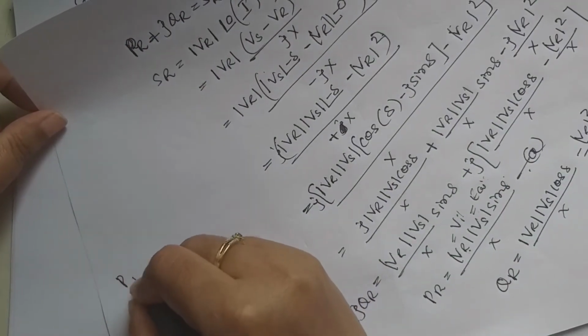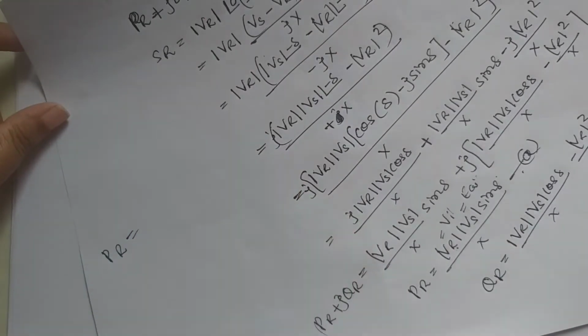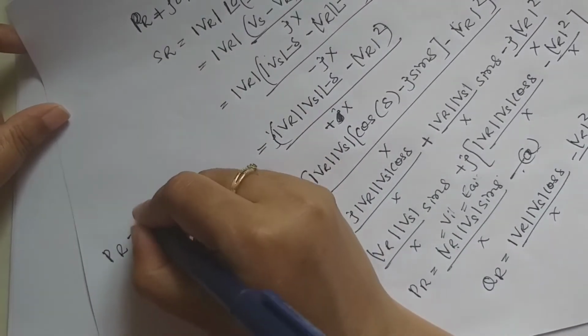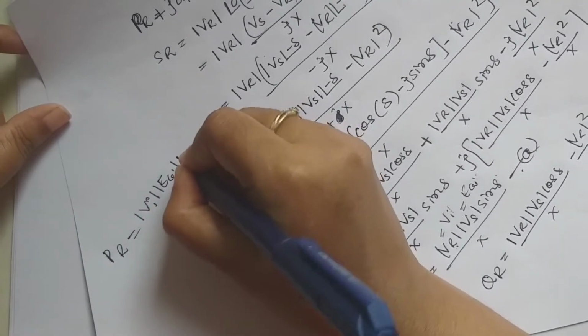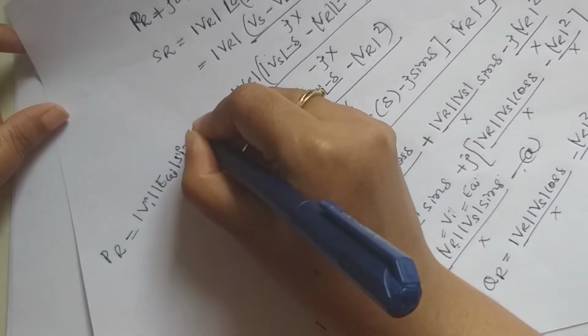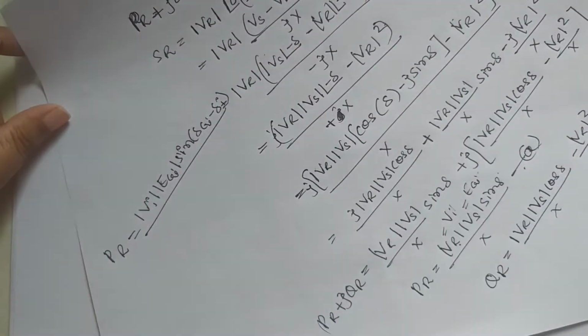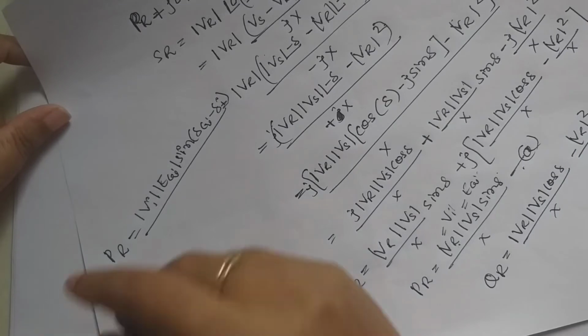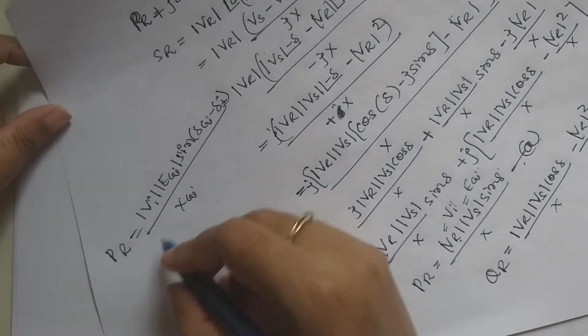Considering both, we get PR is equal to Vi EGI sin(delta GI minus delta I) whole divided by XGI. Take X is equal to XGI.